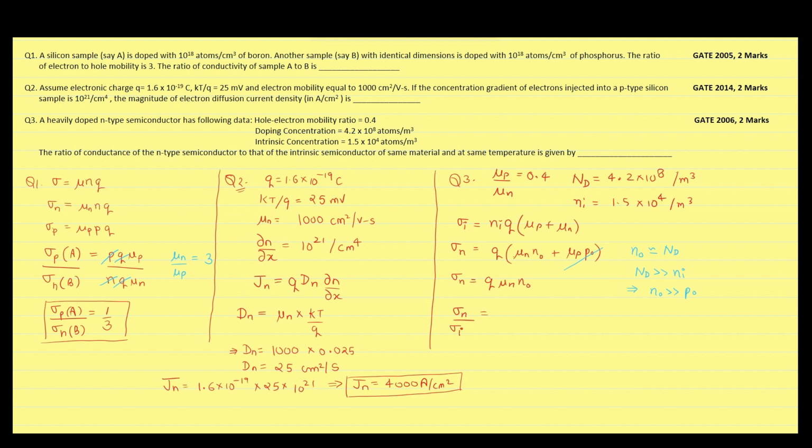intrinsic semiconductor. Remember that conductance and conductivity are different, like the way resistance and resistivity are different. But here, since we are supposed to find the ratio of conductance for semiconductors with the same dimensions, and also length and area are not provided, we can simply find the ratio of conductance by finding the ratio of conductivity.